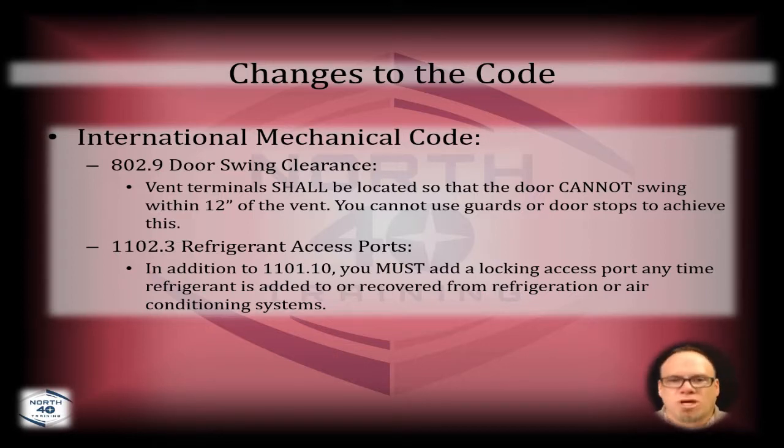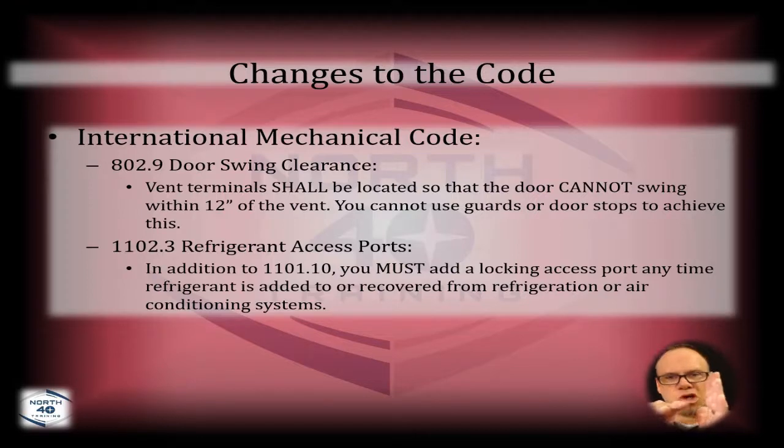The argument was, well, yeah, but that's not right because code allows me to be within 12 inches. Yeah, it does. It doesn't say it shall be within 12 inches, right? So think about that. If you've got a door right here and you got your vents coming out right here, and it's too close because now the door can hit your vents, this is telling you in code you're too close.